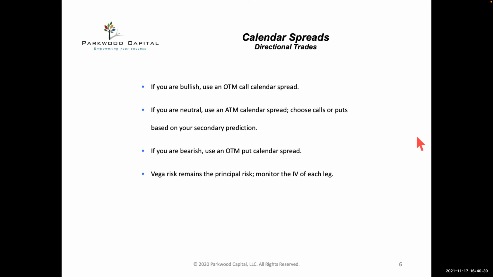What about directional trades? Well, it's all about where you position your call calendar or your put calendar. If you're bullish, you ought to position your call calendar up above the current stock price, because as the stock price rises and gets closer to the strike price of your calendar, that calendar will gain in value.